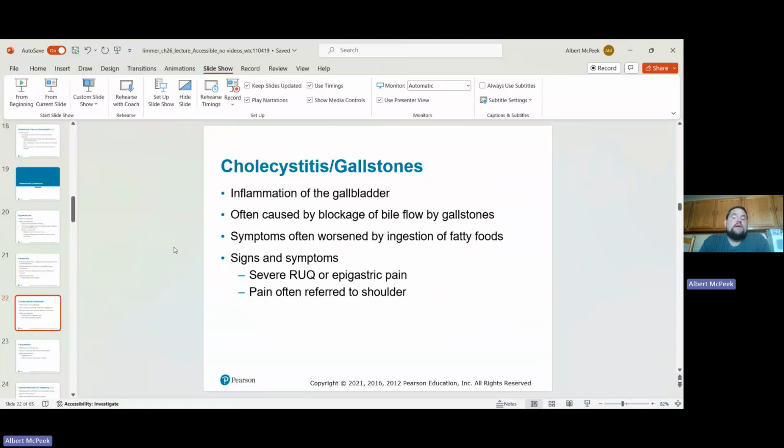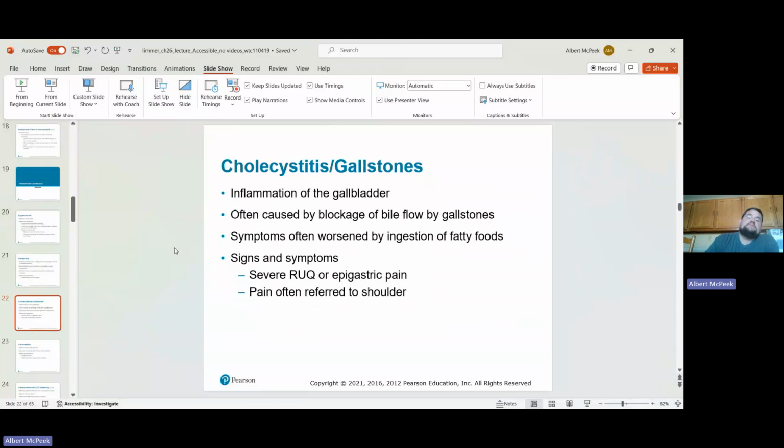Bile is produced by the liver, flows through the bile duct, and is stored in the gallbladder until it's released later to help you digest your food. If the bile duct gets stopped up, not only does the gallbladder get irritated, but sometimes that bile can start backing up into the liver and into the pancreas, and that'll cause additional problems.